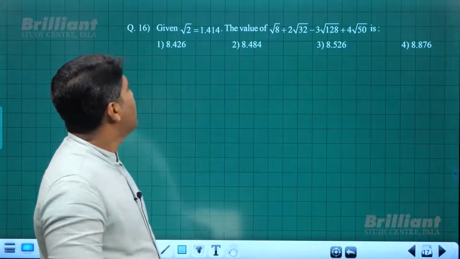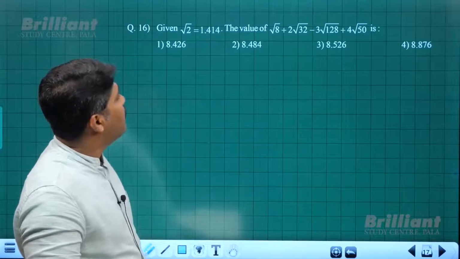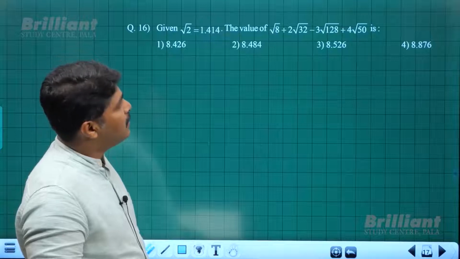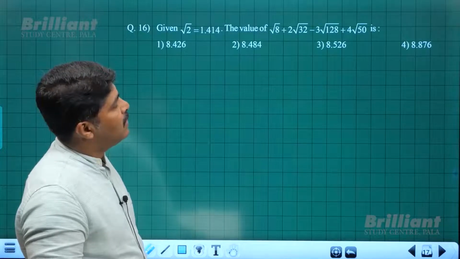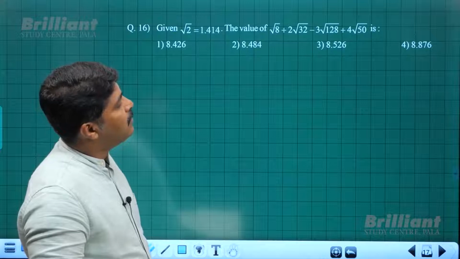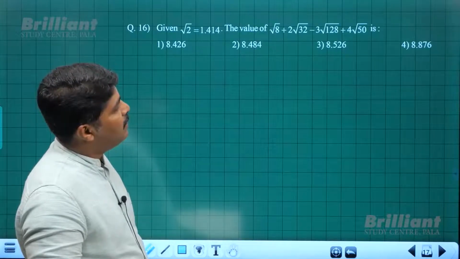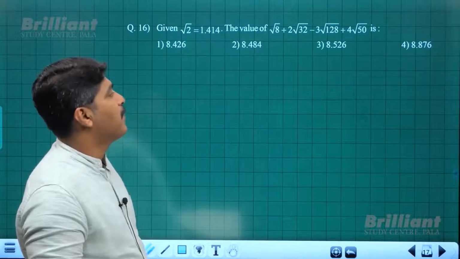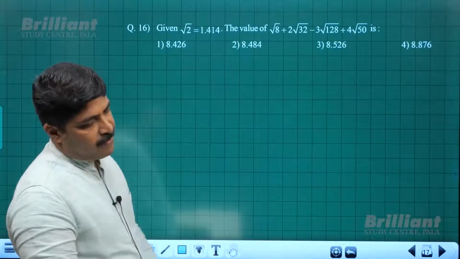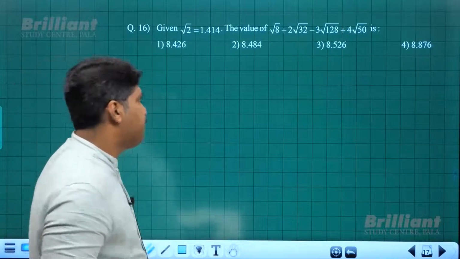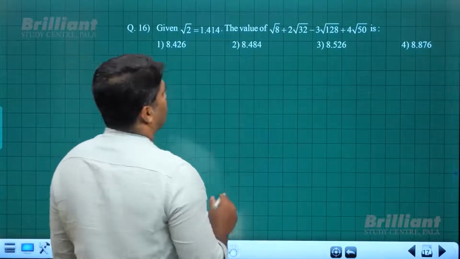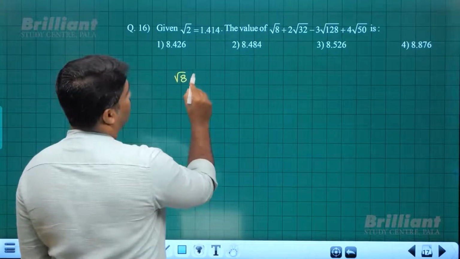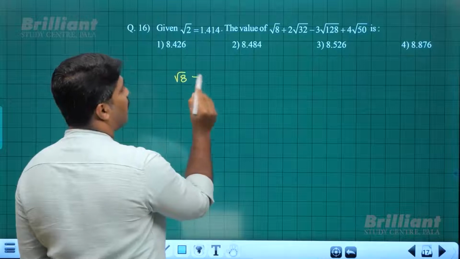Here, given root 2 equal to 1.414, root 8 plus 2 root 32 minus 3 into root 128 plus 4 root 50. So how to do this type of question? If you are considering root 8, how can we convert it?